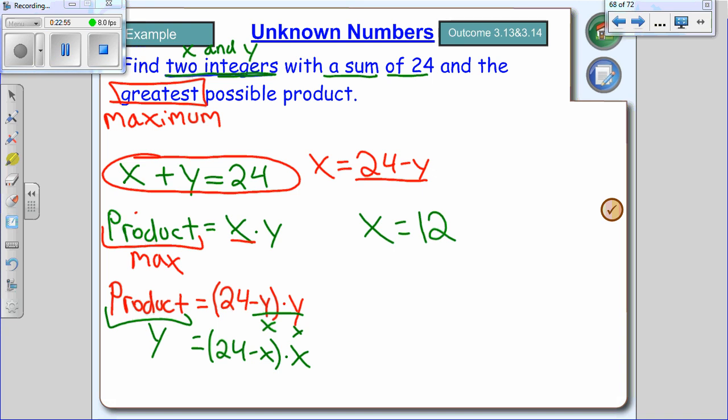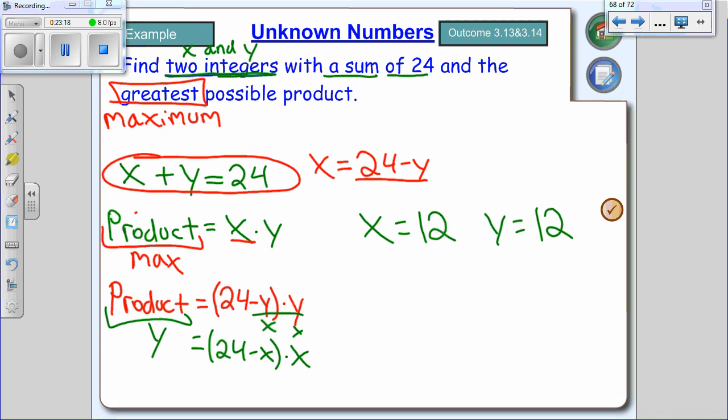Yeah? So if your x value is 12, what should your other number be? The product was 144. What is the other number having to be? It would also be 12, right? Because a number plus a number equal 24. If one of the numbers is 12, the other number has to be 12 as well.